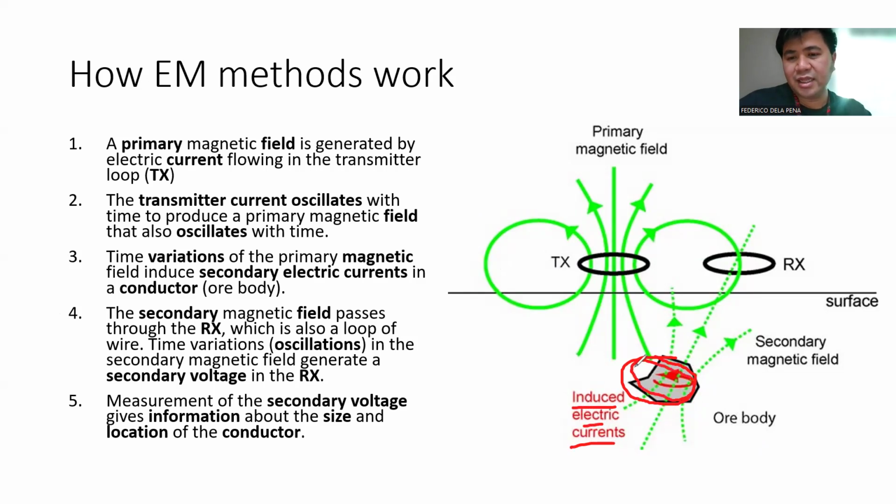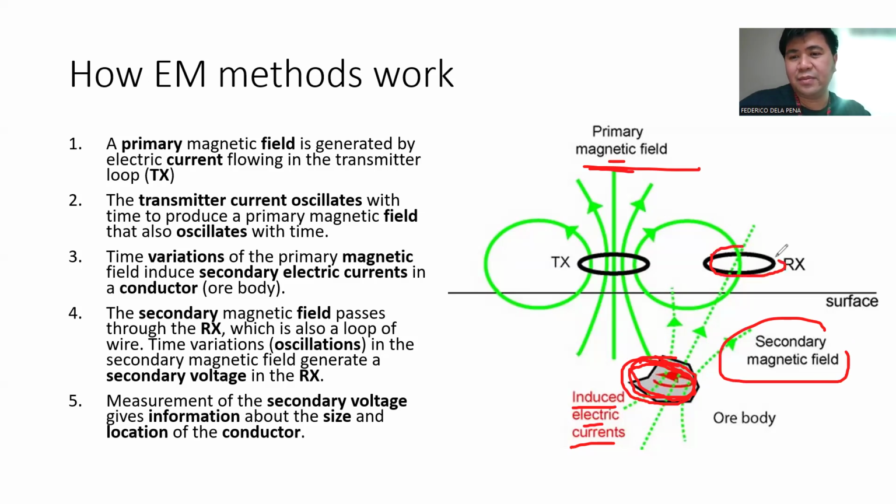And that electric current gets induced intermittently because the magnetic wave is intermittently occurring. And as a result, the conductive body will also induce its own magnetic field.